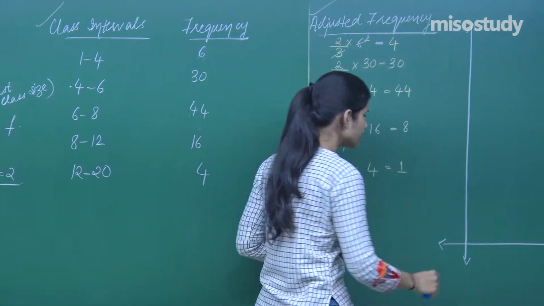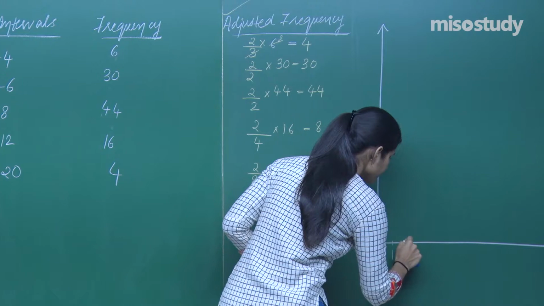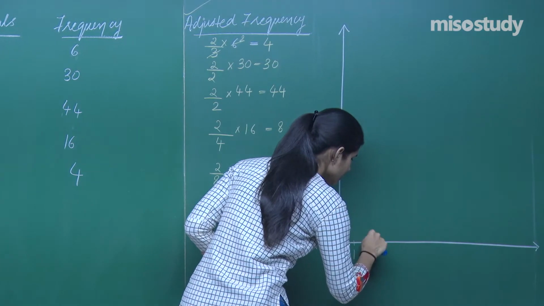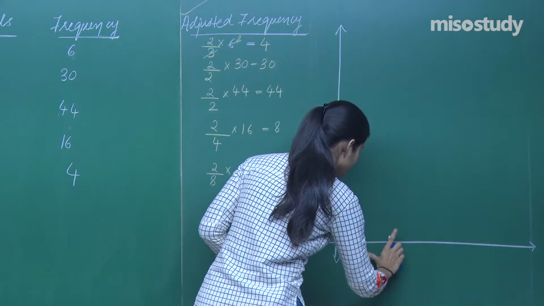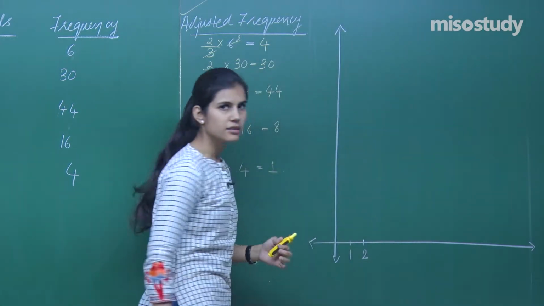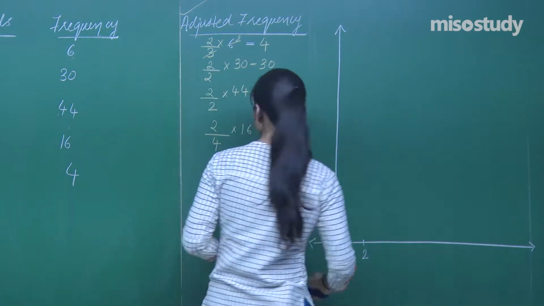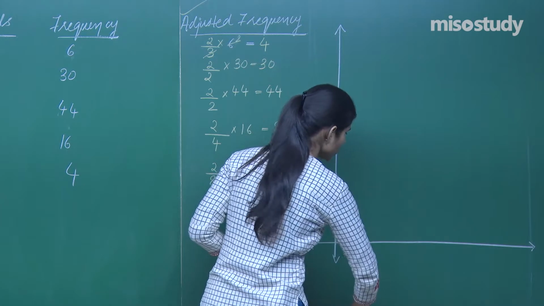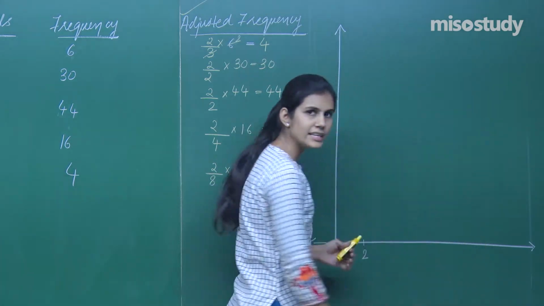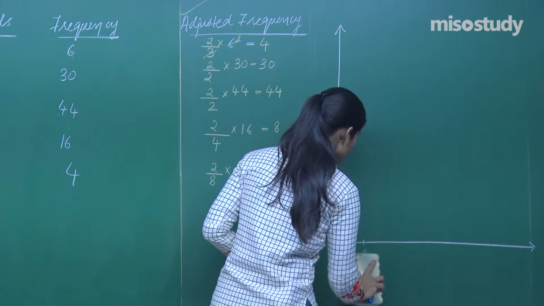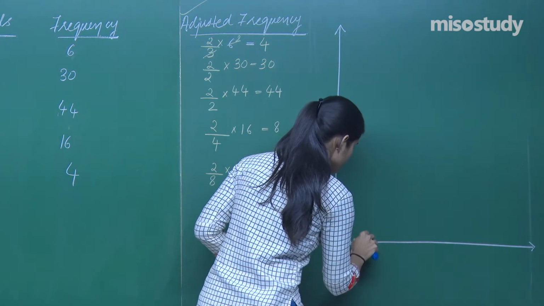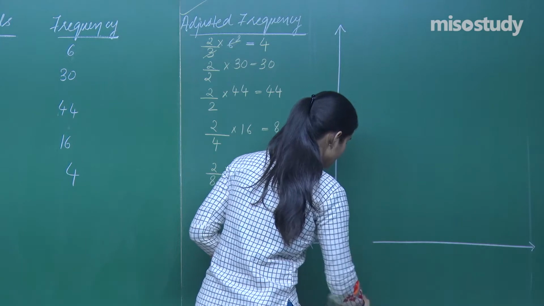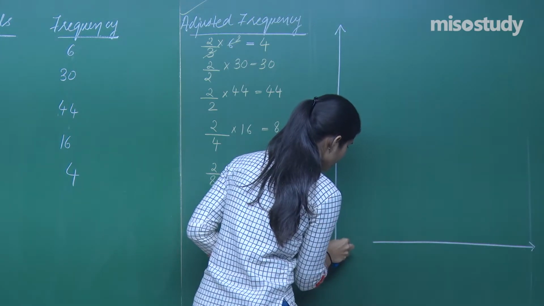I am going to begin with 1, then 2, and the maximum is 20. Let us take it that one big division is of 1 unit.